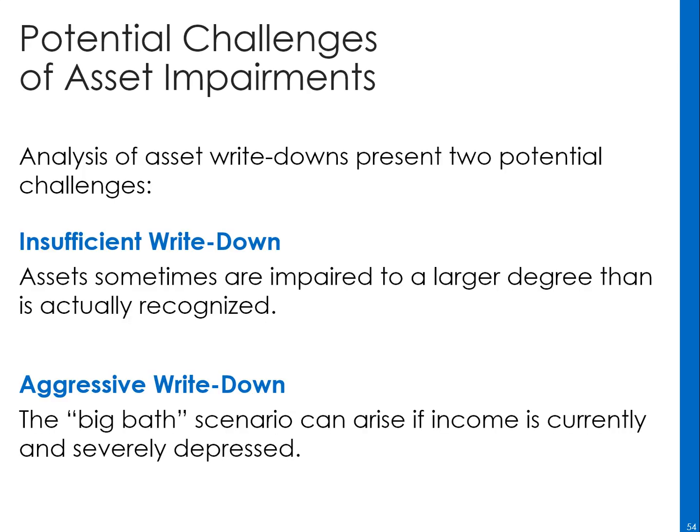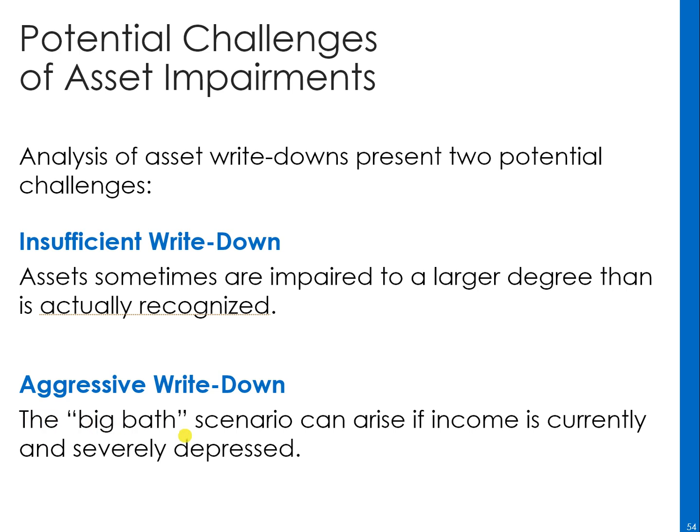So asset write-down or asset impairment is a big topic in accounting, especially in practice, because if we insufficiently write down our assets, we overstate the value of our assets and we overstate our net income. And sometimes if we do that intentionally, that's accounting fraud. Or sometimes we can aggressively write down our assets.